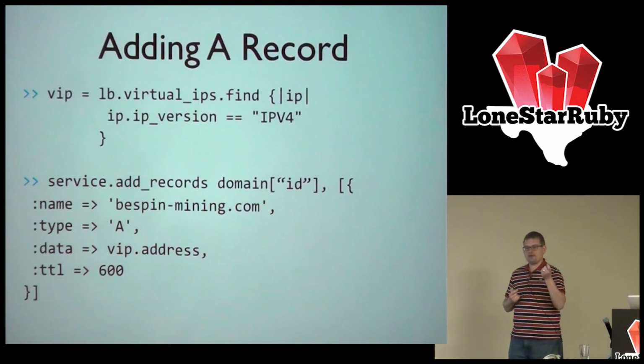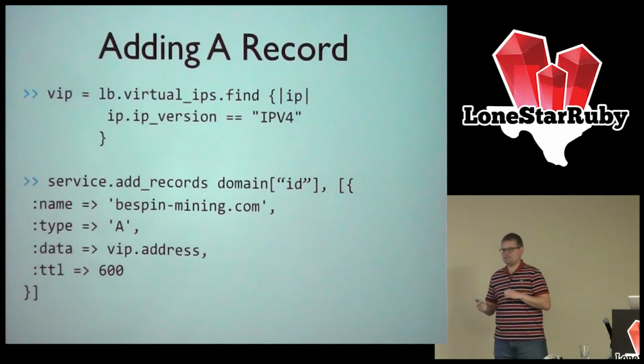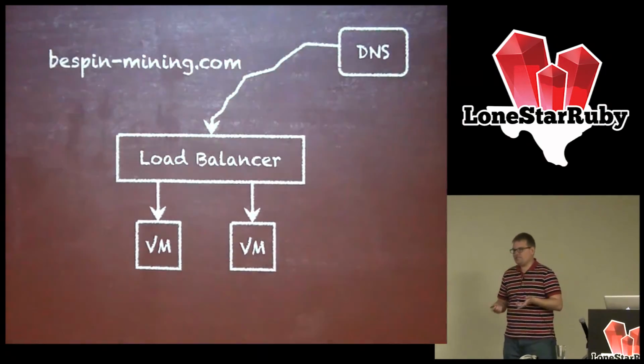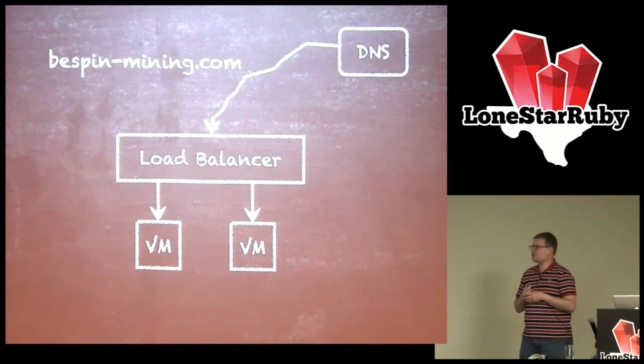It's going to be a type A record, which is an IPv4 record. If we wanted to create an IPv6 record, that would be a AAAA. The data, of course, is going to be the IP address of our load balancer. And we're going to specify an optional time to live of 5 minutes. And that completes our example infrastructure.